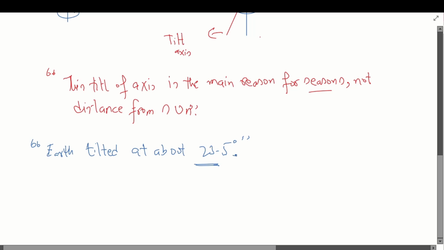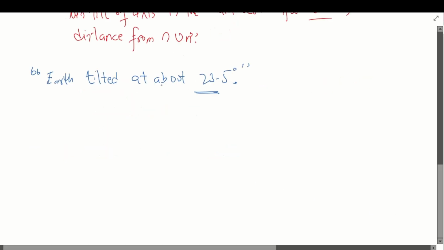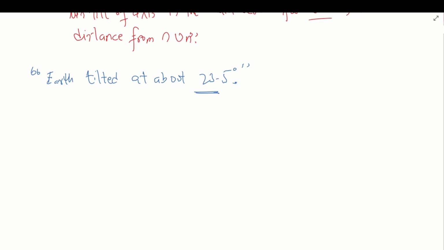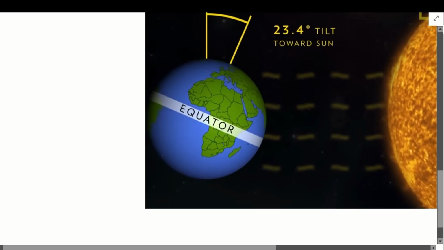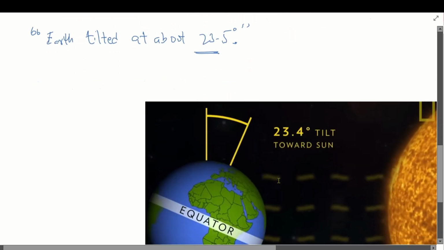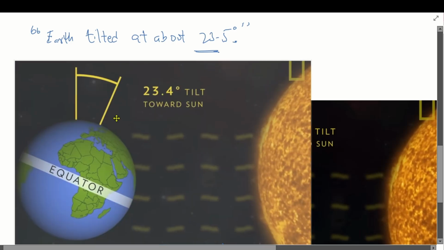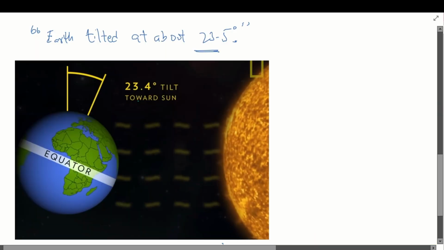Now you will see different terminologies while reading this topic in your book. I will also show you an image so you can get the picture. You can see in the image our axis. This one is the sun definitely, and the earth and the equator.